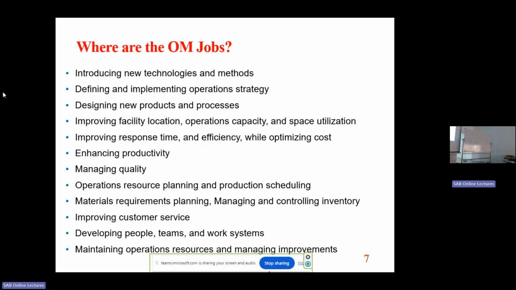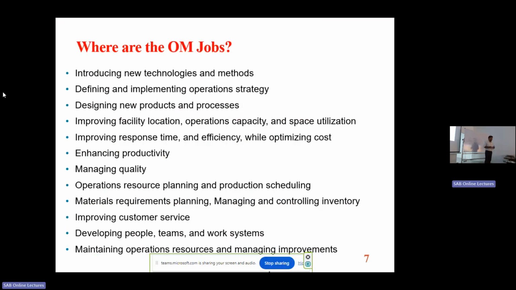Before going for a small break, let me introduce some of the key operations management activities and responsibilities. No need to say, I think you understand: from industry to industry, organization to organization, what operations managers are supposed to do is different.